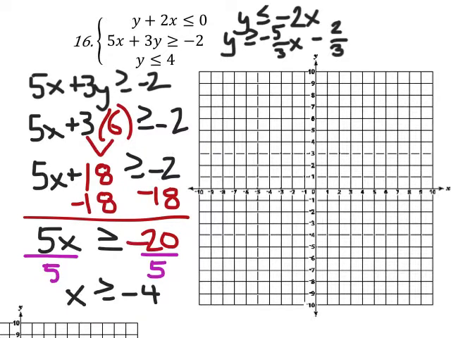So I have this coordinate pair, and we said that y was 6, and we found that x is negative 4. So I can plot this point. Negative 4, 6 would be right about here, okay?